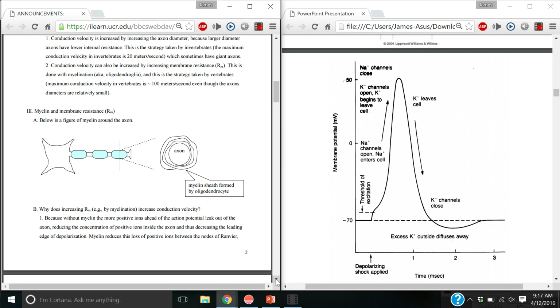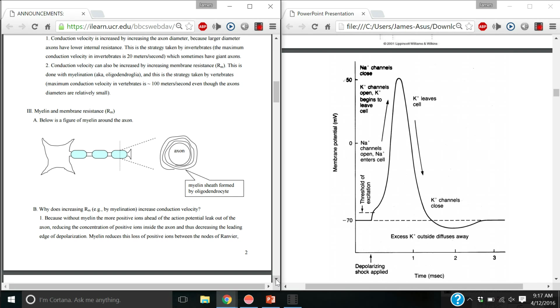Still, we're not talking speed of light here. That's not so fast. So the rate at which action potentials travel can be rate limiting for almost everything. Speed of thought, reaction time, et cetera.